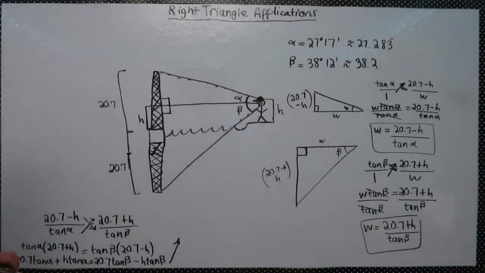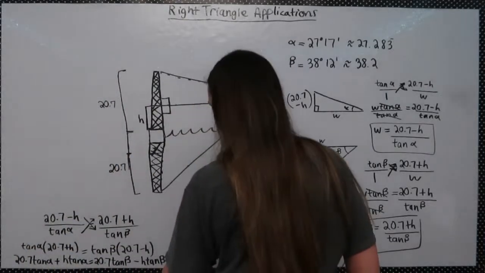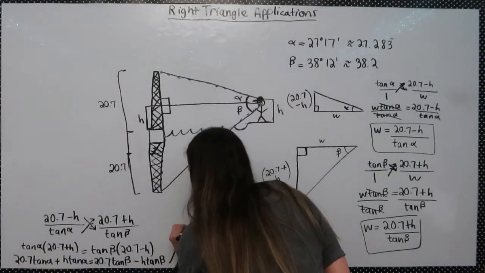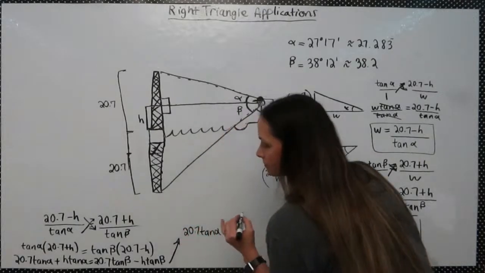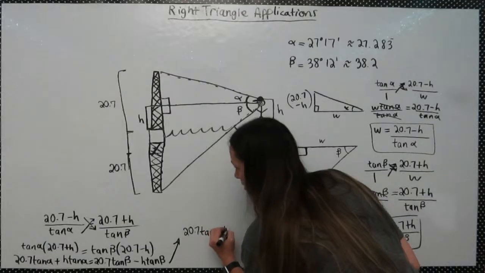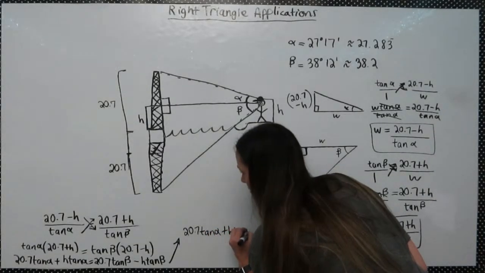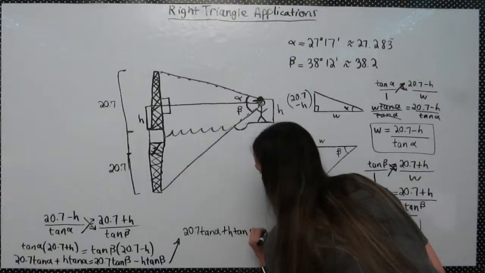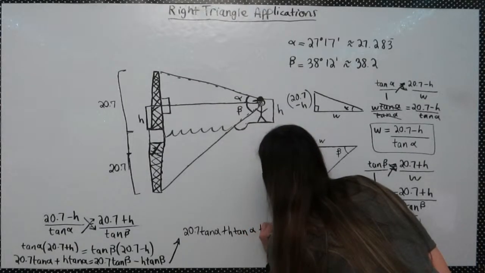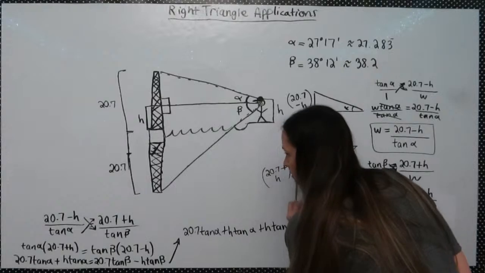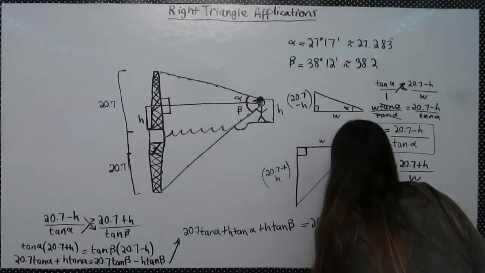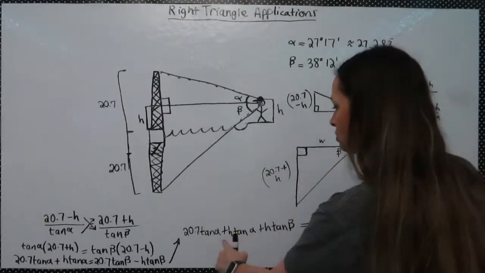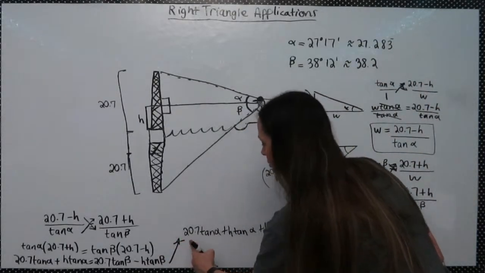When I add h tan beta to both sides, I'm going to get 20.7 tan alpha plus h tan alpha plus h tan beta, and that equals 20.7 tan beta. And subtract the tan alpha from both, this one right here, 20.7 tan alpha.